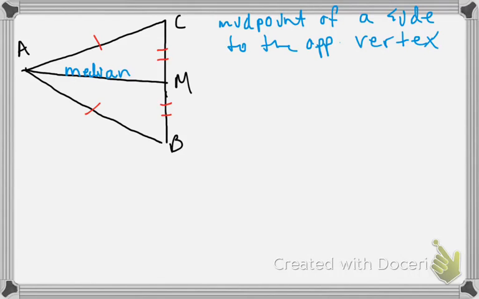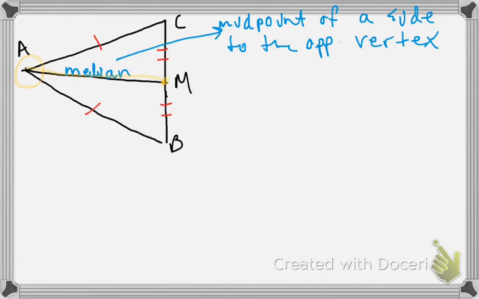So for any triangle, the median goes from the opposite vertex, in this case it's A, to the midpoint, M here. Okay? So that's one thing that we noticed there. That's where you get your median here.